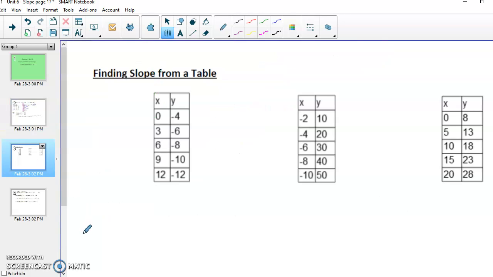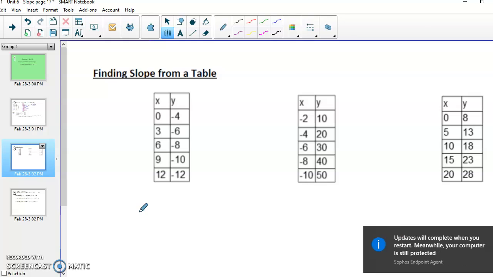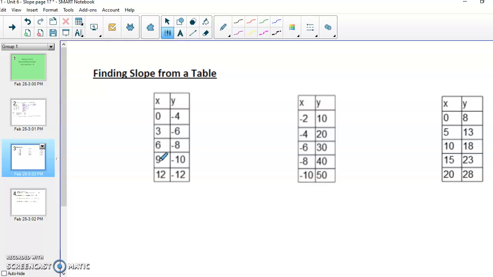So finding slope from a table. You'll see that this is similar to what we did, only we're not going up by ones, we're going up by different amounts. So let's go first by the y. And we can write on the bottom, slope equals change in y over change in x. So what's my change in y?